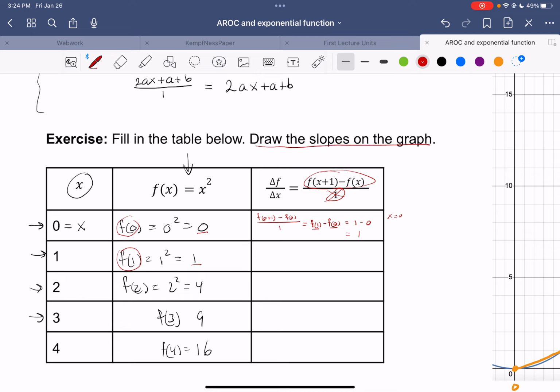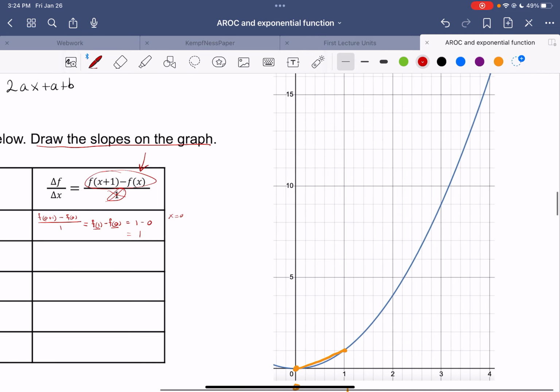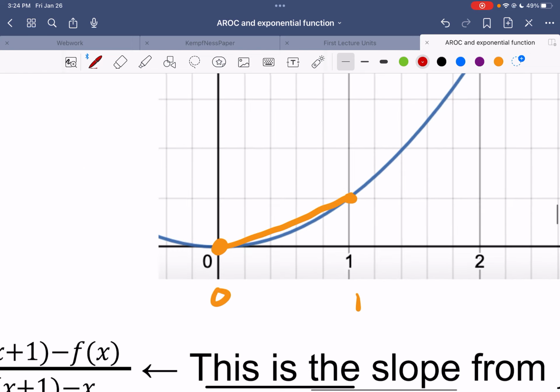All right, and let's keep perspective here. So draw the slopes on the graph. This value is a slope. It's a change in y over change in x. It's an average rate of change. It was drawn in orange over here. And so it turns out the slope of this line segment is 1, okay? And each of the segments we're going to draw, the change in x is going to be 1.